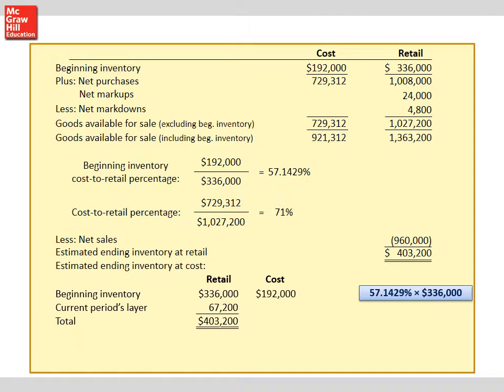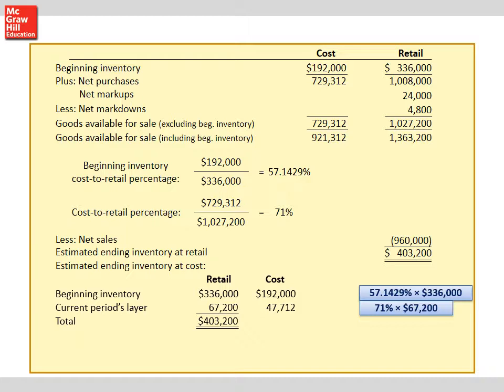You could go and do the multiplication for it, but that's the cost. All $336,000 is still considered ending inventory because the oldest stuff is still in inventory when it comes to the LIFO method. The $67,200 remaining amount at retail has to be converted to cost at the purchase cost to retail percentage of 71%.